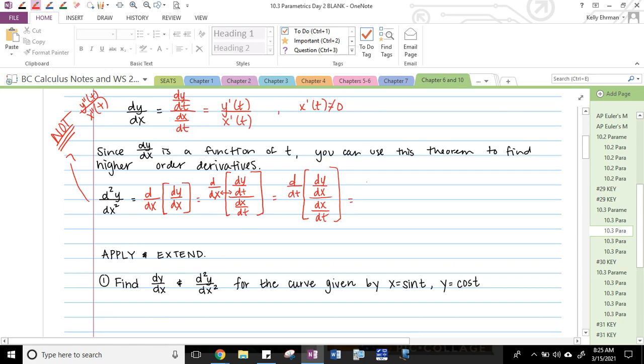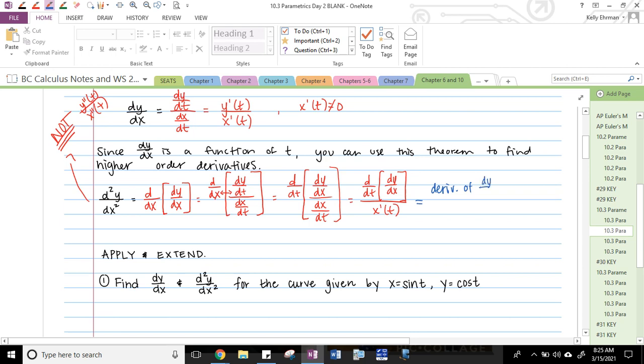And so this is saying take the derivative with respect to t of the first derivative, dy dx, so your answer to the first derivative, and divide it by x prime of t. It's that little divided by x prime of t part that we tend to forget, so we have to be careful with that.